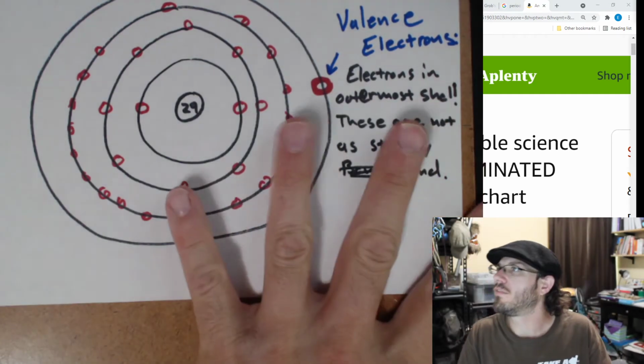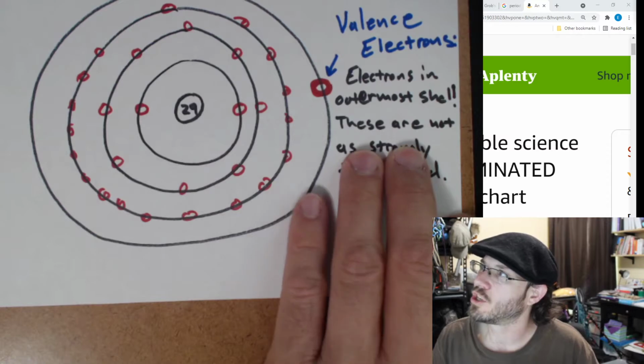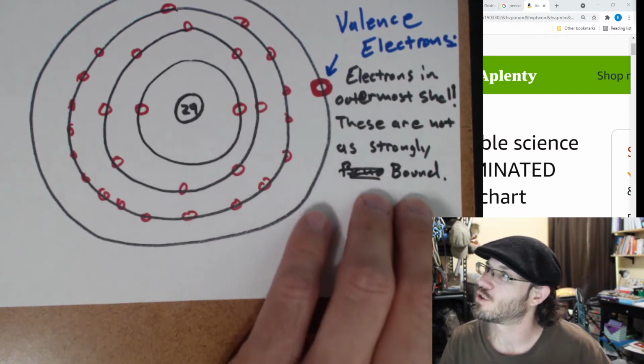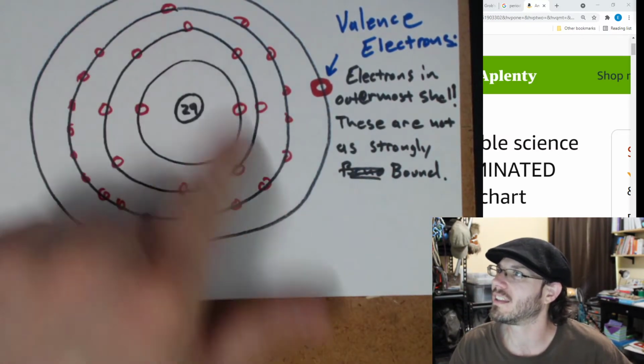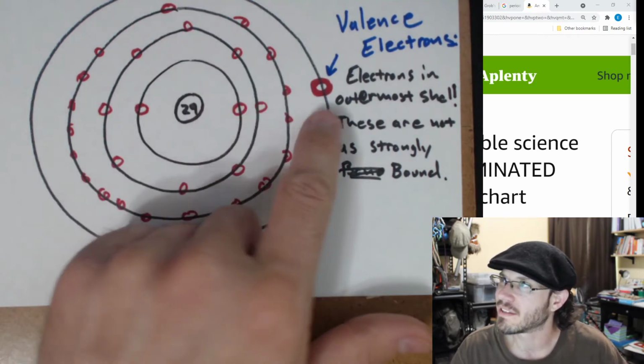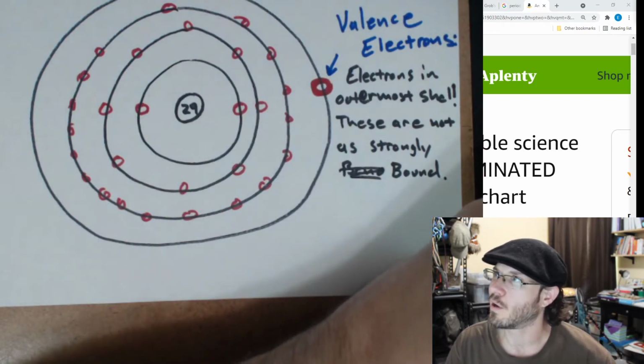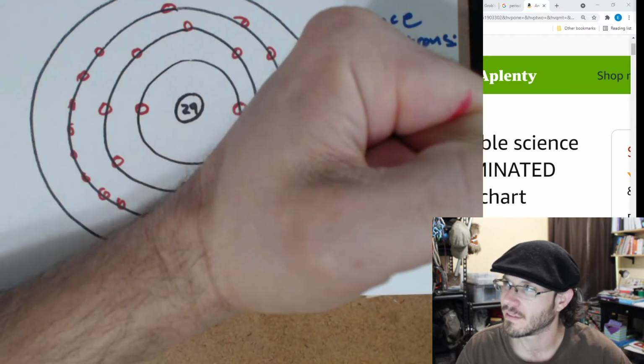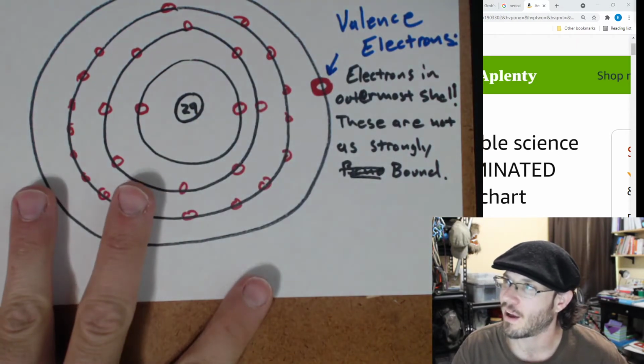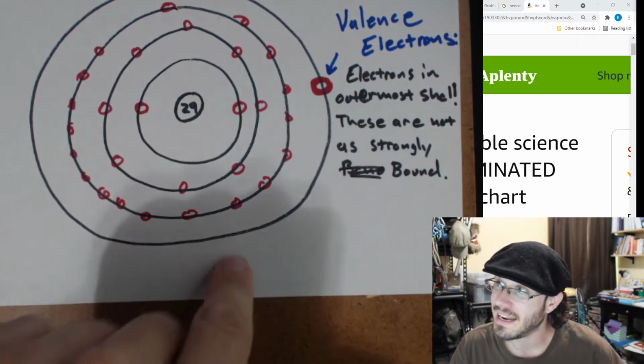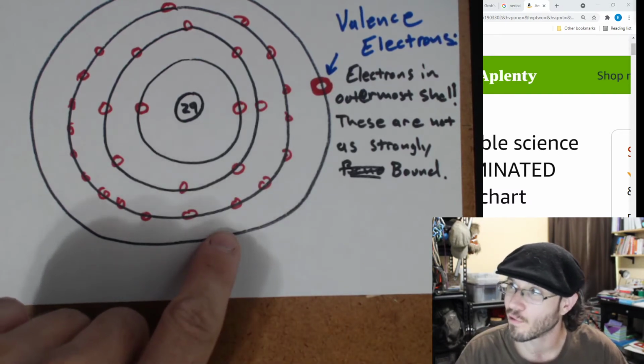Valence electrons are the electrons in the outermost shell. These are not as strongly bound as the rest of these electrons, which means these can be taken away, these can be given. It always happens here at the outermost shell. That's going to end up being incredibly useful and valuable for us.